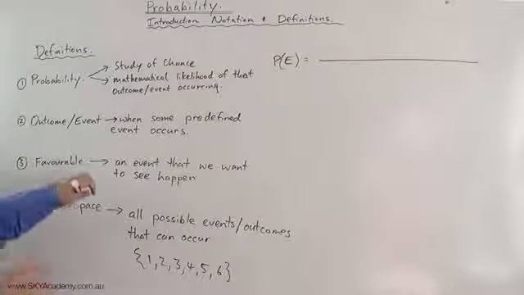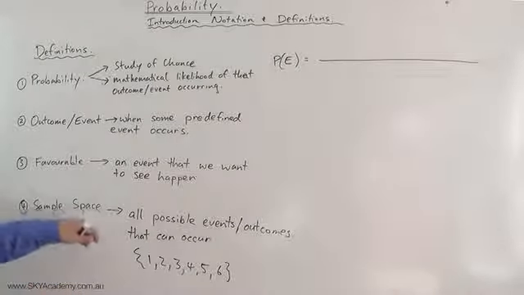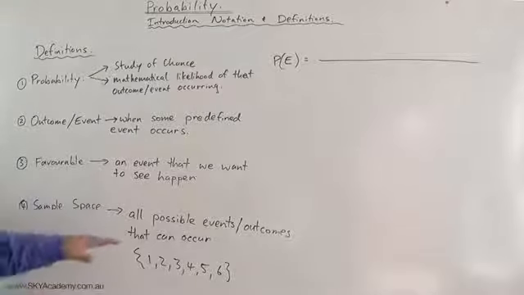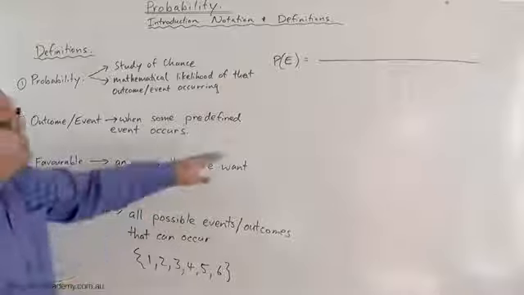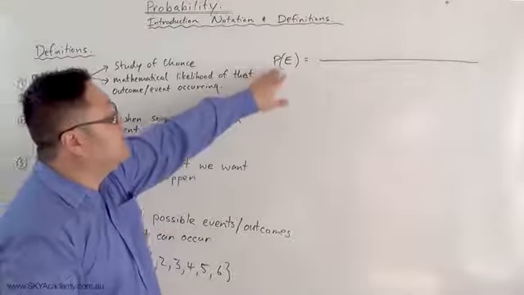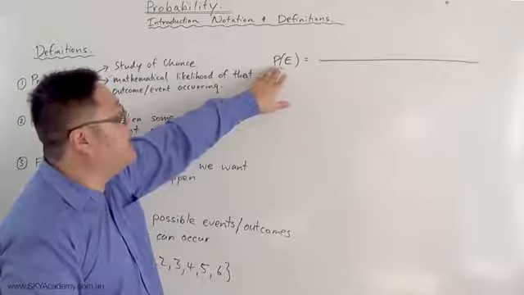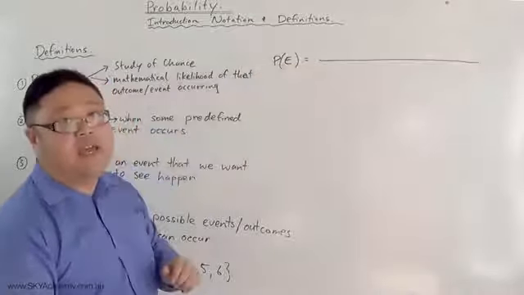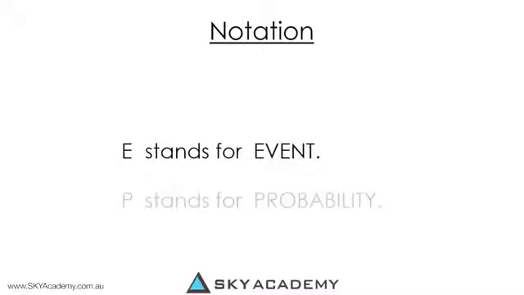The favorable event is rolling a 3, and the sample space is all possible outcomes that can occur. The shorthand notation for the probability of something happening is P(E), where E stands for the event and P stands for the probability.